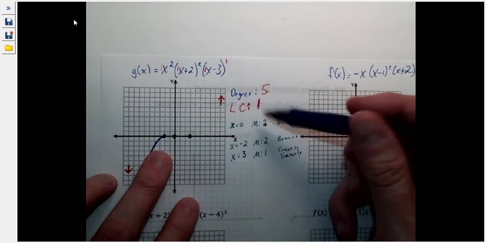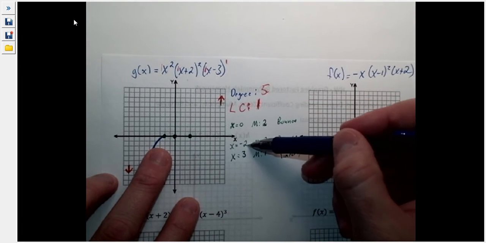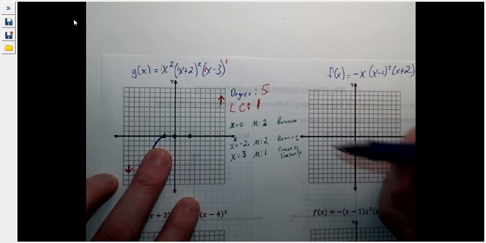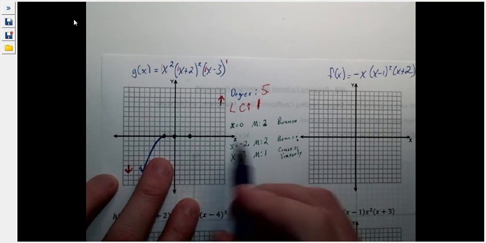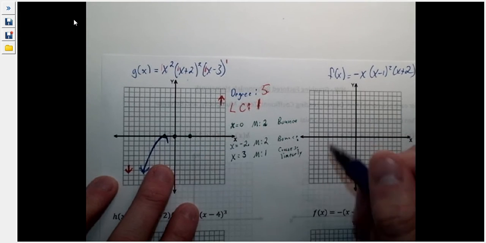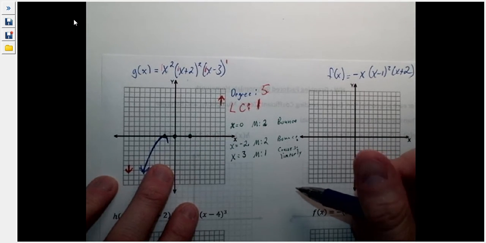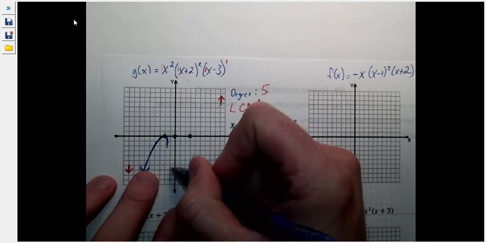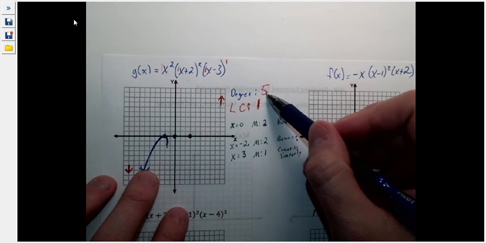Okay. Now, this root at negative 2, right here, what does it do at the root? Well, it bounces. So when it comes up here and hits, it's going to bounce. So it's going to look like that. And then it's going to go down. I don't know how far it's going to go down. It's going to go down pretty far.